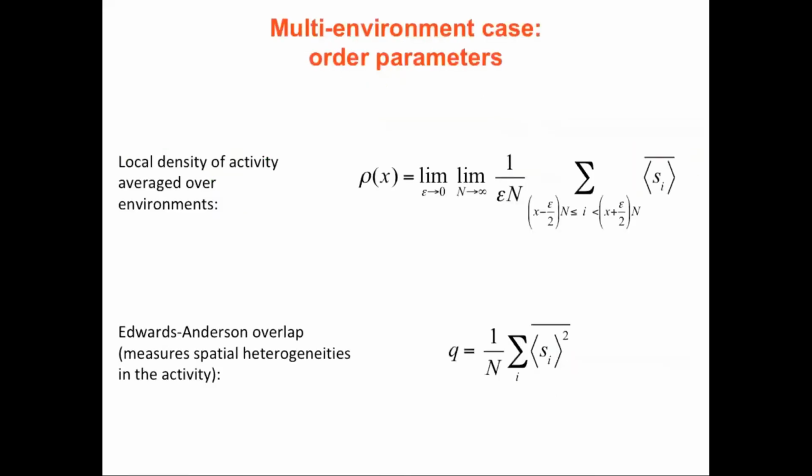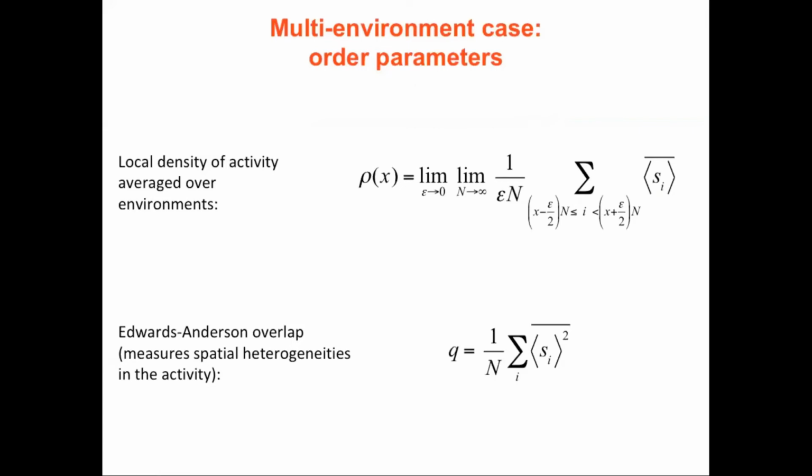So we end up with a theory with different order parameters. One is rho of x, which is the profile of activity in the first environment. This is the definition of rho of x. We look at all the neurons i, and we label the neurons according to the position of their place field in the first environment, mu equal 1.